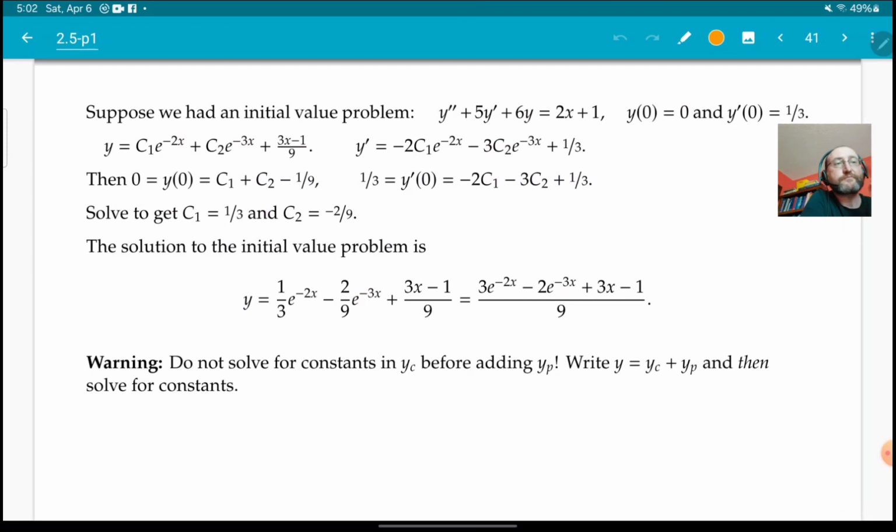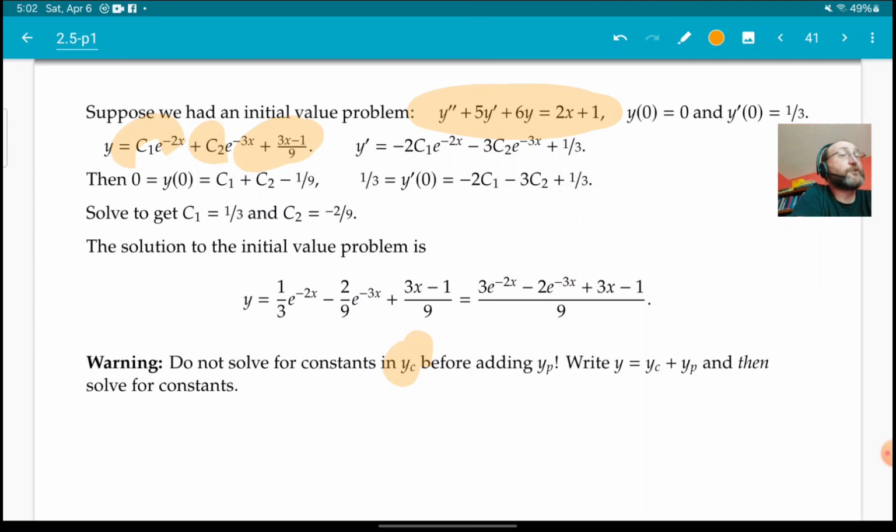Now, a little bit of a warning. Don't solve for the c1 and c2 in the y sub c. You have to add the y sub p to it, right? You have to have this in there. And that makes sense. We're solving this equation, so you want the general solution to that equation. y sub c is a solution to a different equation, so it wouldn't actually work.